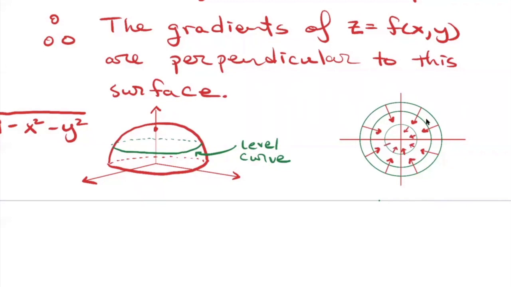It is the slope in the direction of maximum increase. I'm drawing perpendicular to the level curves. At the very top, the slope is 0, so the gradient will be 0. Okay, so let's just make a note. These are gradient vectors.